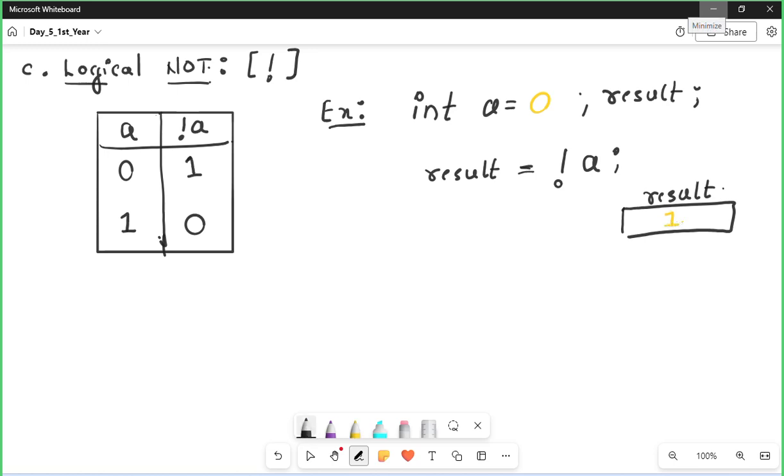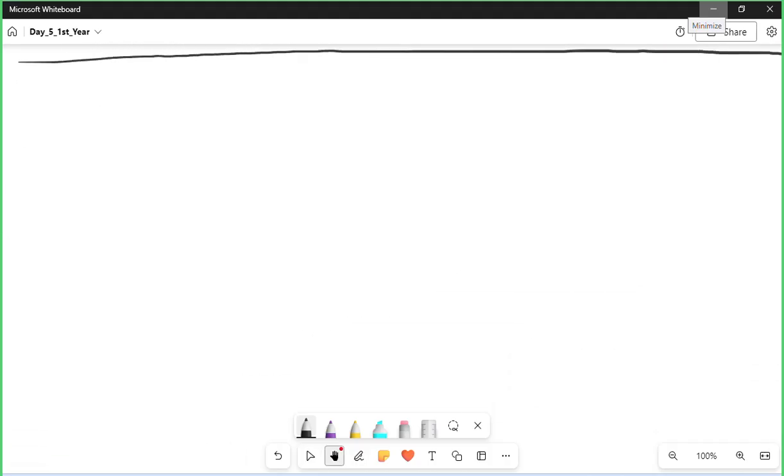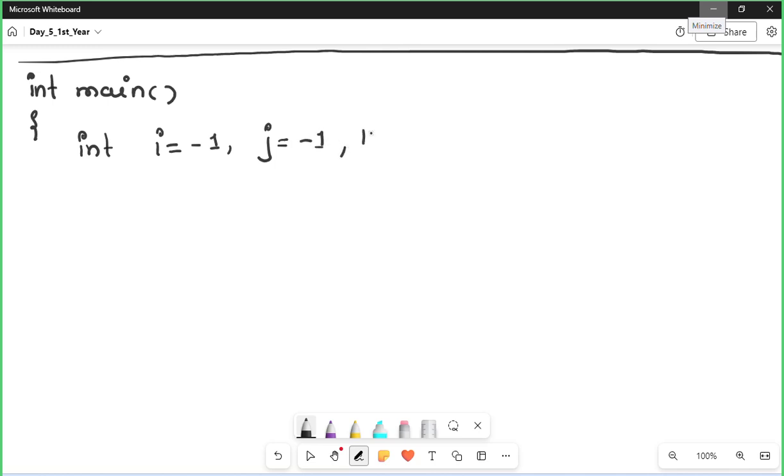Now, let us take one very simple example and mix multiple operators and learn. Let's take an example. int main(), int i is equal to minus 1, j is equal to minus 1, k is equal to 0, l is equal to 2 and m. Now m is equal to i post increment.